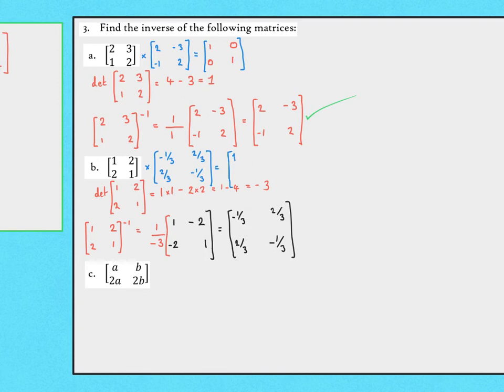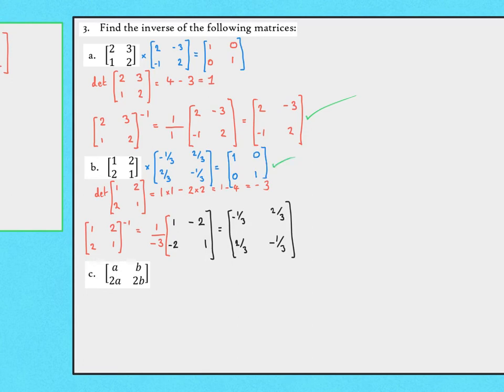Then, to get the top right, 2/3 minus 2/3 is 0. Bottom left, minus 2/3 plus 2/3 is 0. Bottom right, 4/3 minus 1/3 is just 1. So again, we've got our inverse correct.